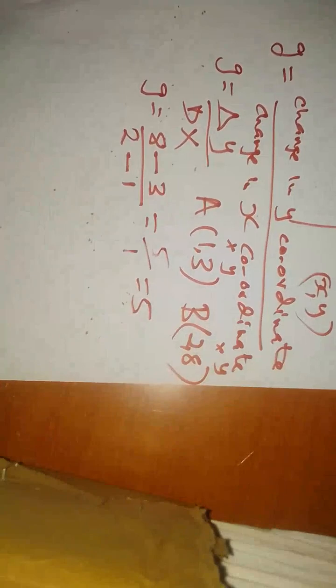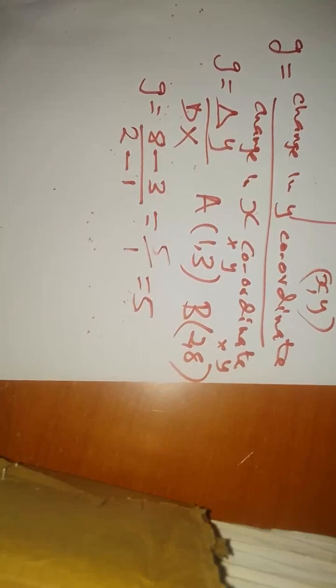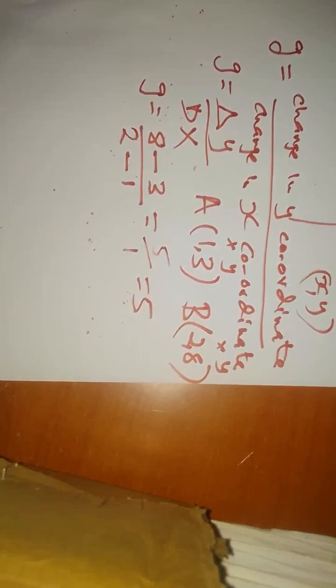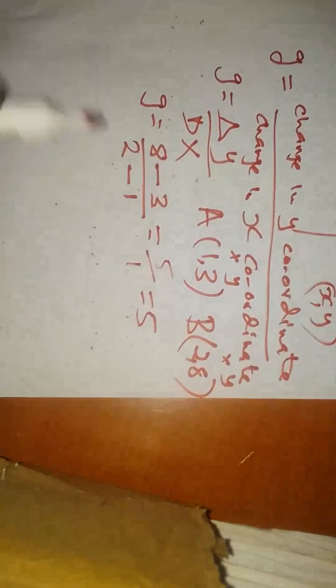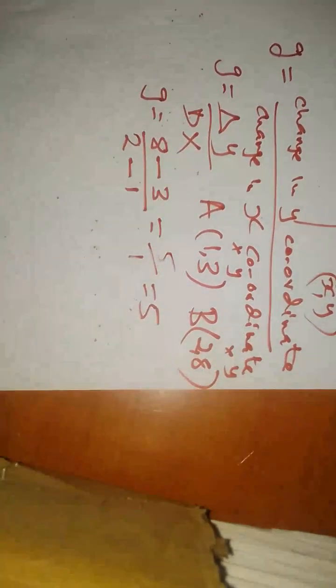But in our question, we had to find the equation of a line that passes through point A and B. So what do we do now? We'll consider one of the given points, either point A or point B. So we can say that this line passes through point A (1, 3) and another point (x, y). We consider these two points.